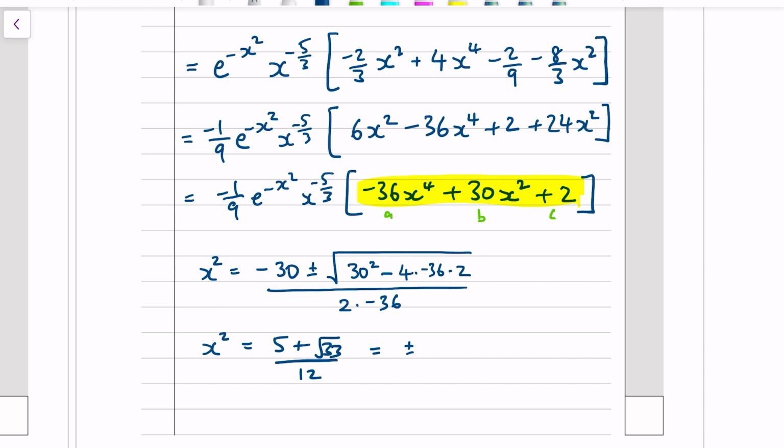Not plus or minus at this point because we've just taken the minus root. 0.8954 to 4dp. The square root of that is plus or minus the square root of the decimal, 0.9462.